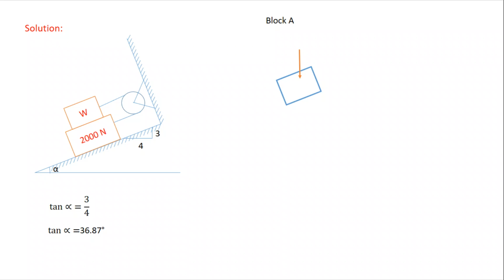Consider here block A and its weight W, and the tension T1 in the rope. Tension T1 is on the right side, so opposite to this tension T1 there will be a frictional force F1.